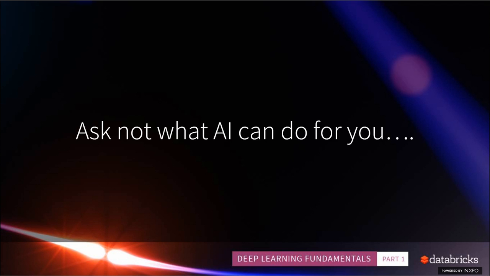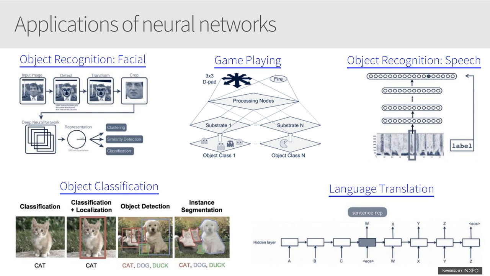Okay? And in terms of what AI can do for you, the next few slides all have links, and so I encourage you after this session to download the slides, and these will link to other cool demos and applications for you to go ahead and take a look at. For example, with the application of neural networks, things like object recognition or gameplay or speech or classification or language translation, things of that nature.